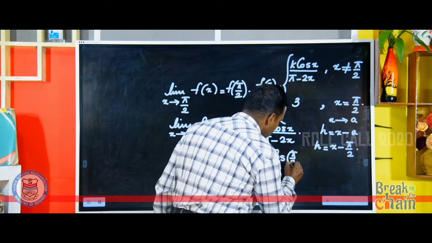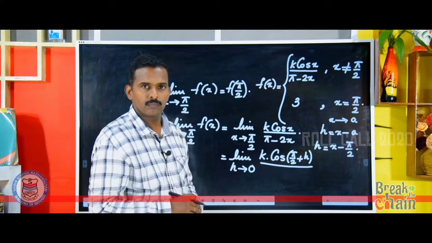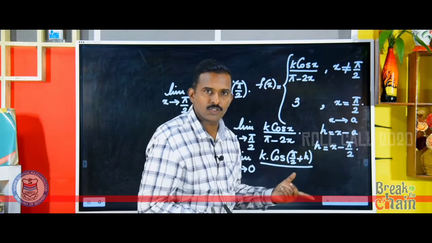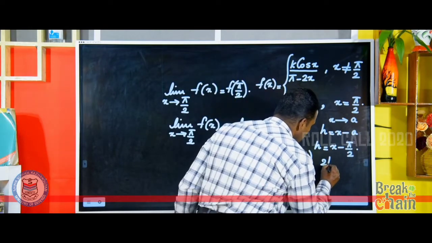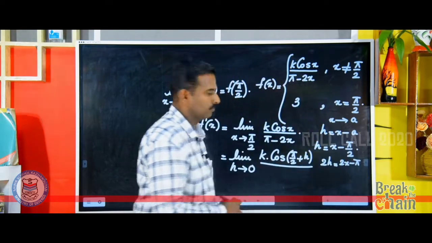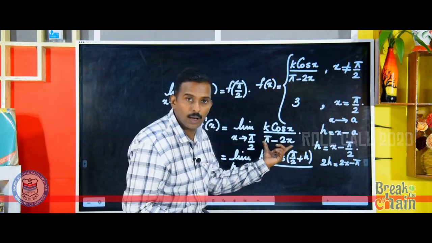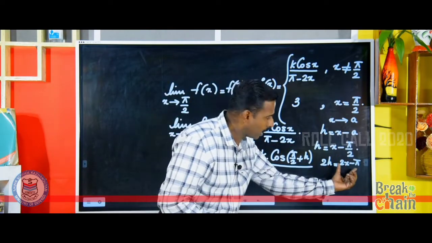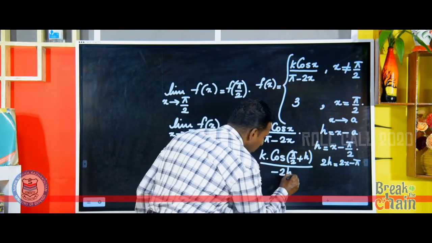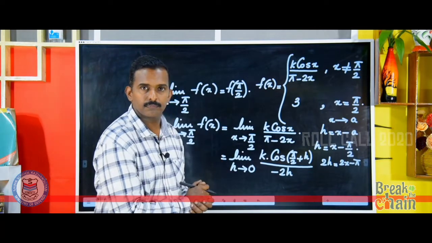Pi by 2 plus h divided by, if I multiply 2 to this entire thing, what will it change? 2h is equal to 2x minus pi. 2h will change as 2x minus pi. Here you have pi minus 2x. Therefore what is pi minus 2x? Minus 2h. Therefore denominator becomes minus 2h. That is a change in the step.